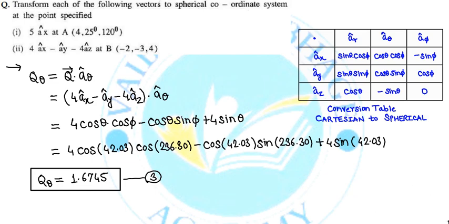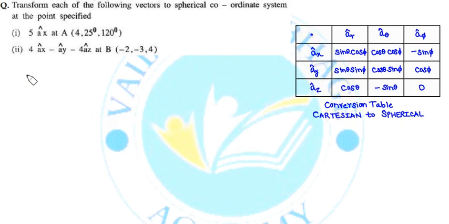Now we will find out what is your q r value. Not that, that will not be q r. What we need to find are r, theta and phi. So we have to find q phi. So q phi will be what now? Your given vector q is projected onto the a phi direction.